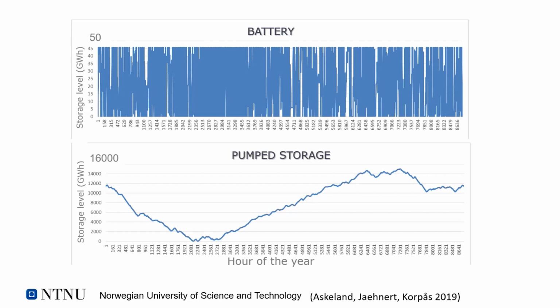So the battery is charged and discharged many times during a week, once a day, while the pumped storage has a typical seasonal pattern. So it's a nice complement. It's a finding that these two technologies are not competing storage technologies.